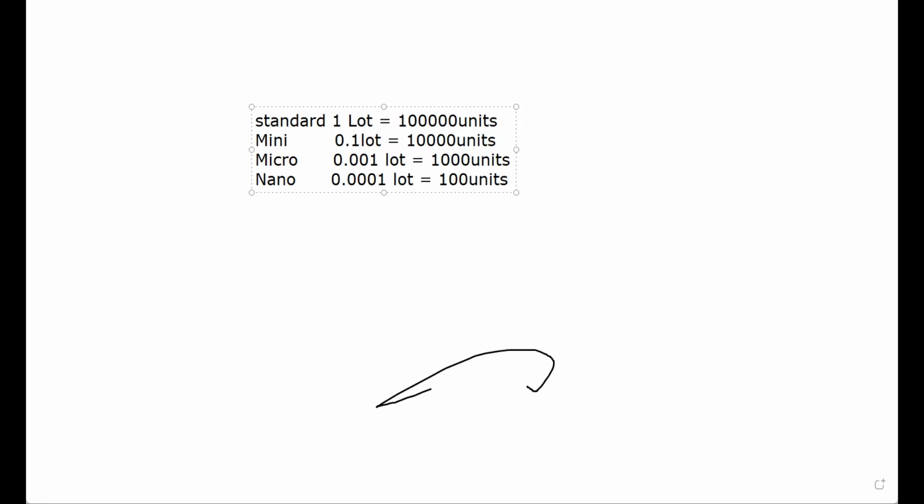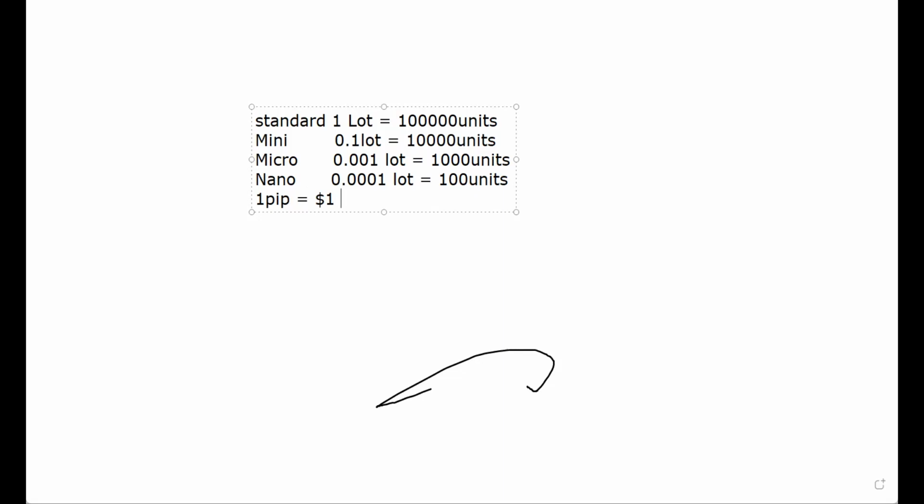So based on the value of the currency pair, each currency pair has a different value. So let's say that for one particular pair, let's say gold, one pip equals $1 US. I'm just giving a hypothetical situation. Let's say 1 pip equals 1 USD.